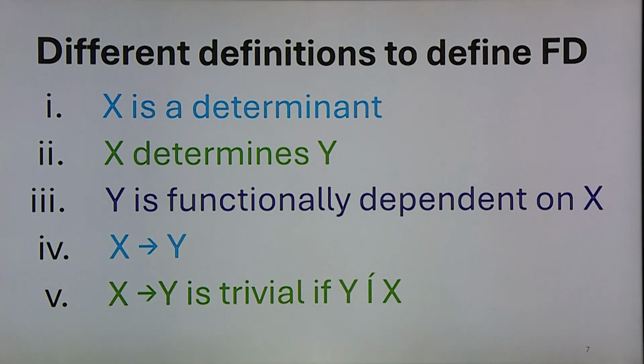So when we say X determines Y, we mean that for every value of X, there is one and only one corresponding value of Y. In other words, Y is functionally dependent on X. This relationship is denoted by the arrow notation X → Y. We read it as X determines Y. This is the standard way of expressing a functional dependency in database theory.